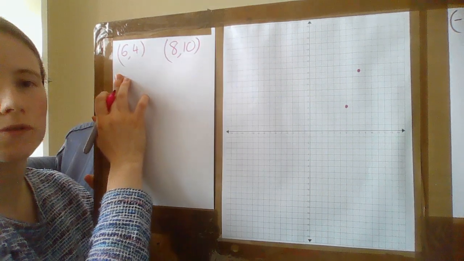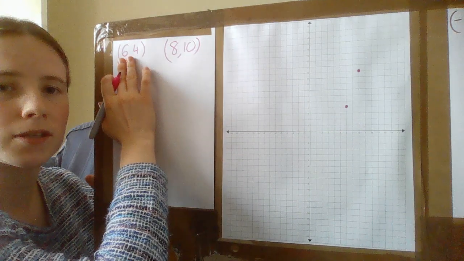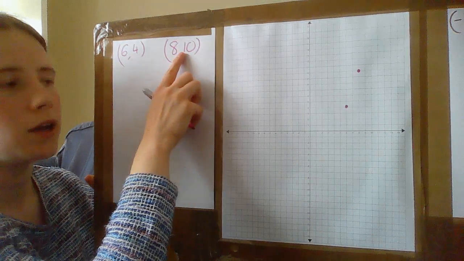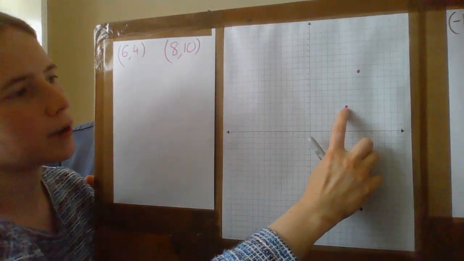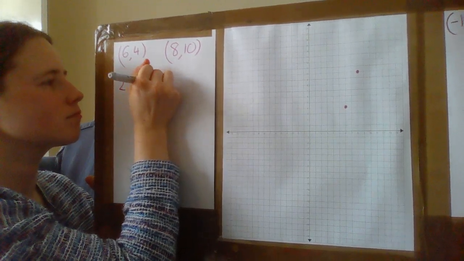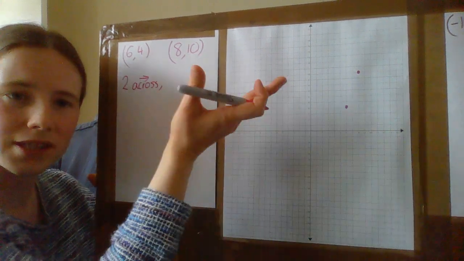So for the method I'm going to do for this one, I'm going to use the ratios. So I'm going to think about the journey from this coordinate to this one. From 6 to 8 is a gap of 2. So to go from here to here, I'm going to have to go 2 across from left to right. And to go from 4 up to 10, I need to go 6 up.